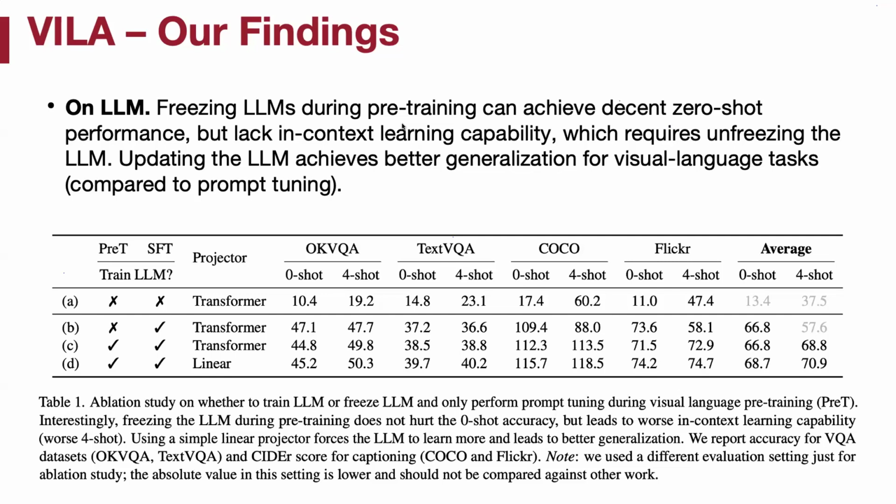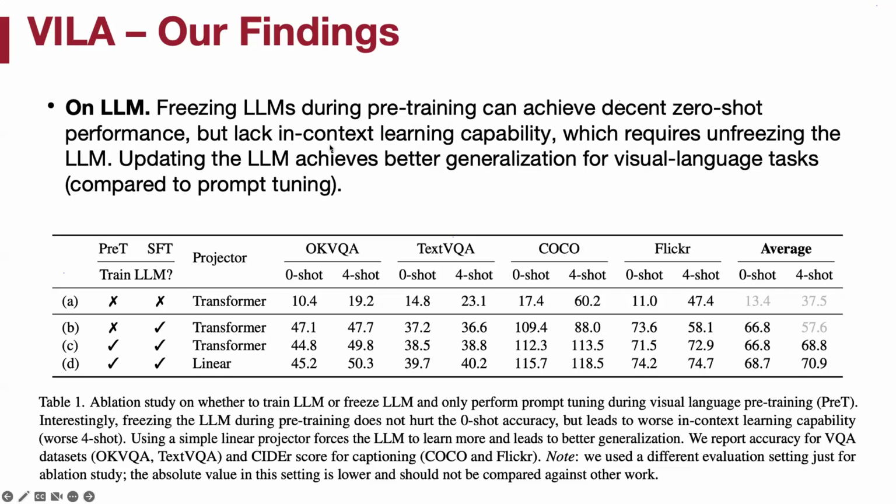Freezing them can achieve quite decent zero-shot performance, but as the visual language tasks become more complicated, these limitations start to emerge, especially for in-context learning.